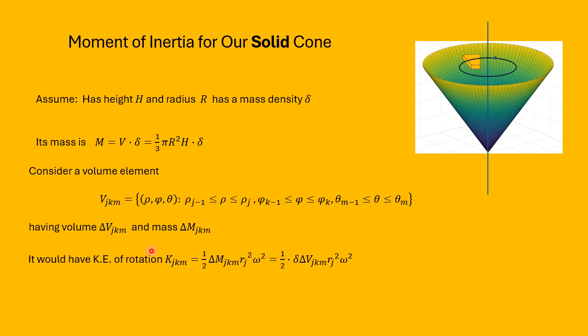So for this one wedge up here, the kinetic energy of rotation is equal to 1/2 the mass of that wedge times the radius out to that wedge times omega squared. But the mass, remember, is delta times the volume of that wedge, so the kinetic energy can be written this way: 1/2 delta times delta v sub jkm r sub j squared times omega squared.